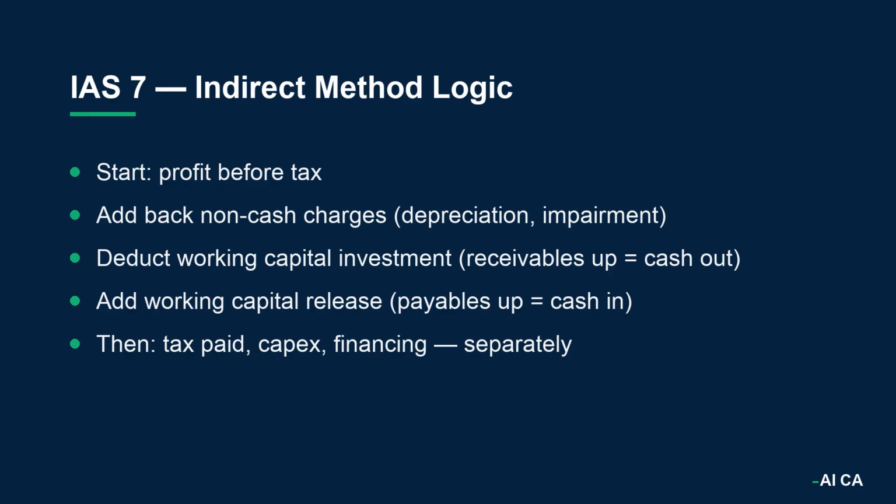An increase in trade receivables is deducted because revenue was recognized, but cash has not yet arrived. An increase in trade payables is added back because costs were recognized, but cash has not yet left. This is why a rapidly growing, profitable business can simultaneously be cash flow negative. The working capital investment consumes cash before collections catch up.